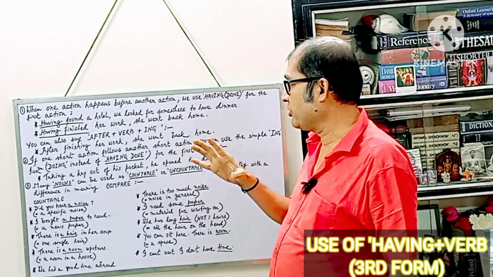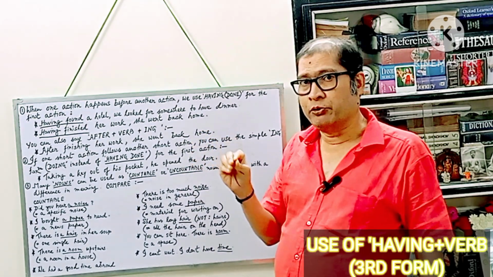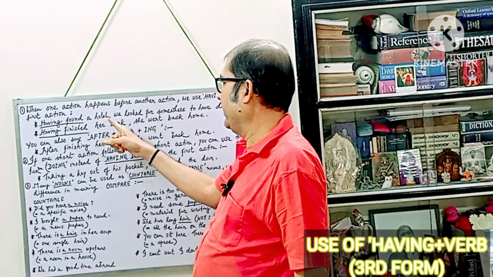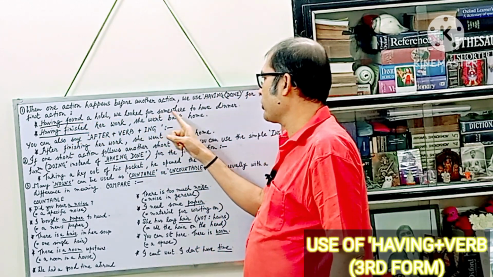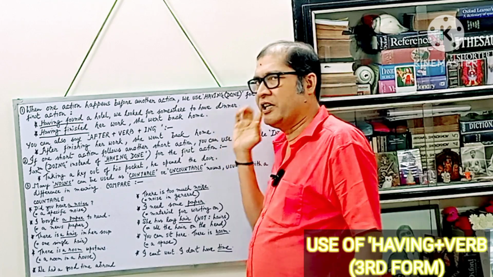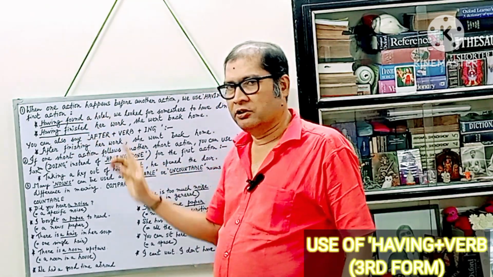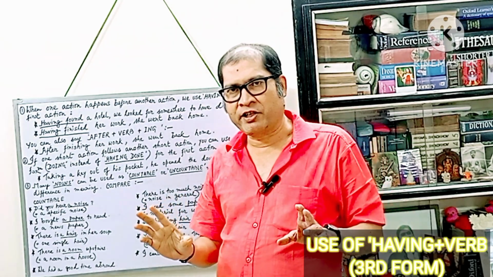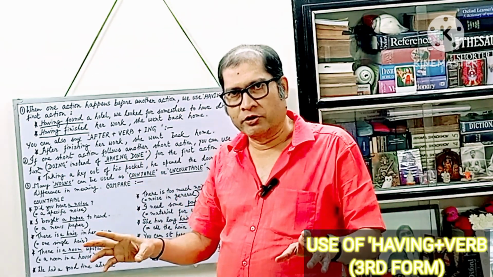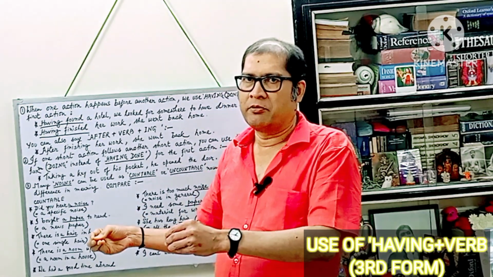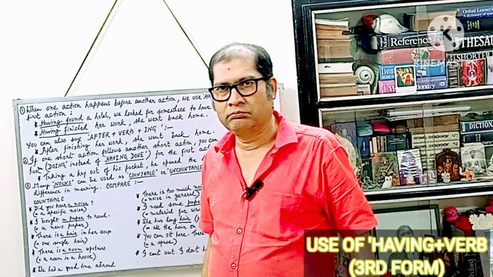Let us concretize the idea with some examples. Having found a hotel, we looked for somewhere to have dinner. So, having found a hotel, our first task is to look for a hotel. When we find the hotel, we shall go to some restaurant to have dinner.